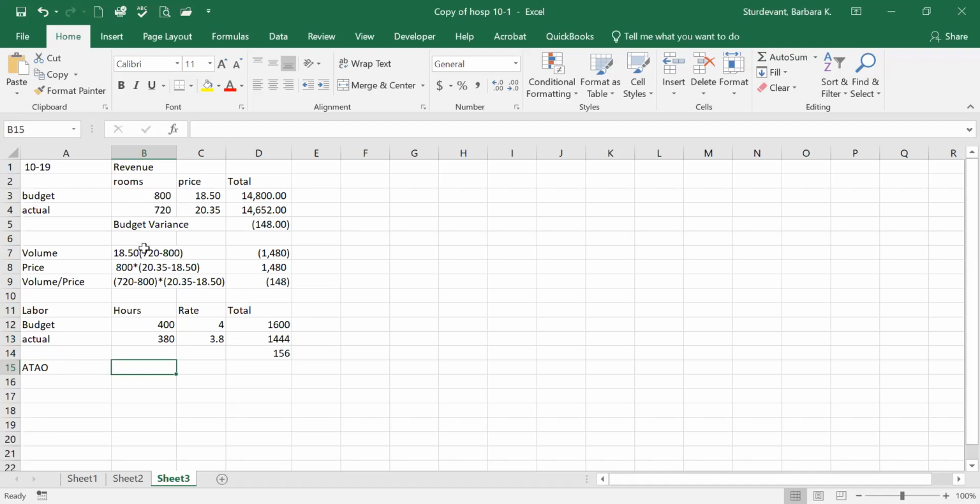So we're budgeted to sell 800 rooms. And to clean those 800 rooms, we were given 400 hours. So our standard is that we are supposed to be cleaning 2 rooms per hour. Okay, 2 rooms per hour.